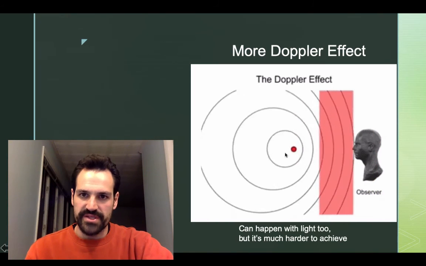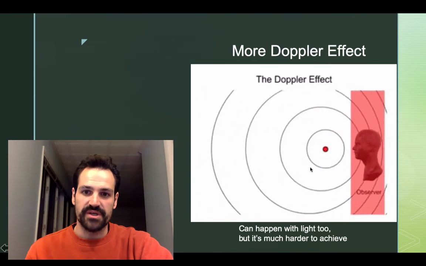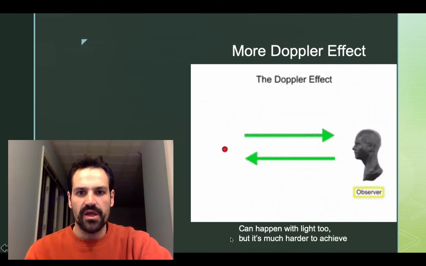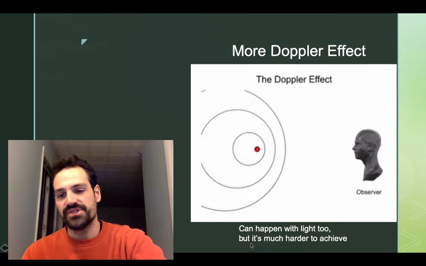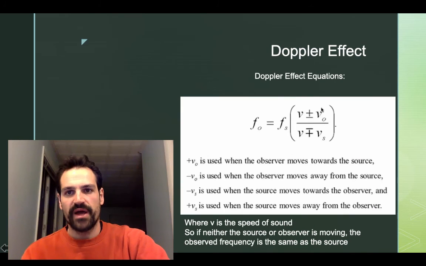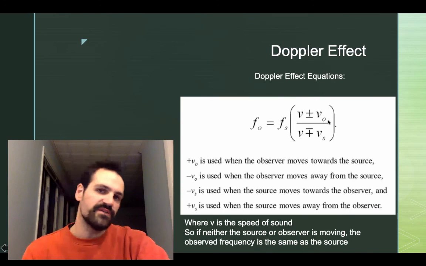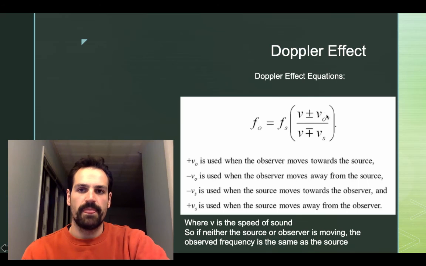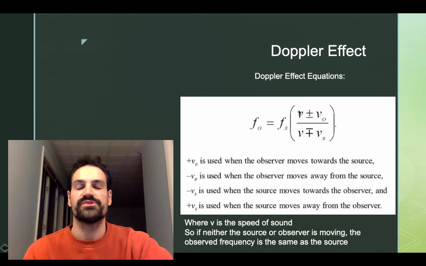And this actually happens with the speed of light as well, but it's way, way, way harder to achieve, because if I am traveling at even 3 meters per second, that's going to be a 1% increase on the speed of sound, 330. Close enough.